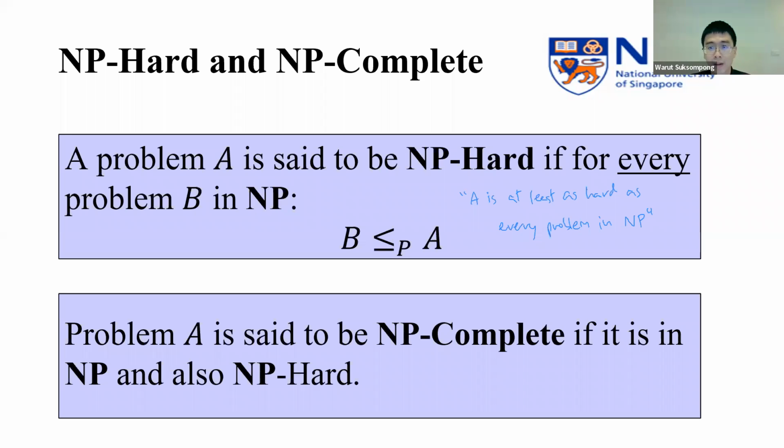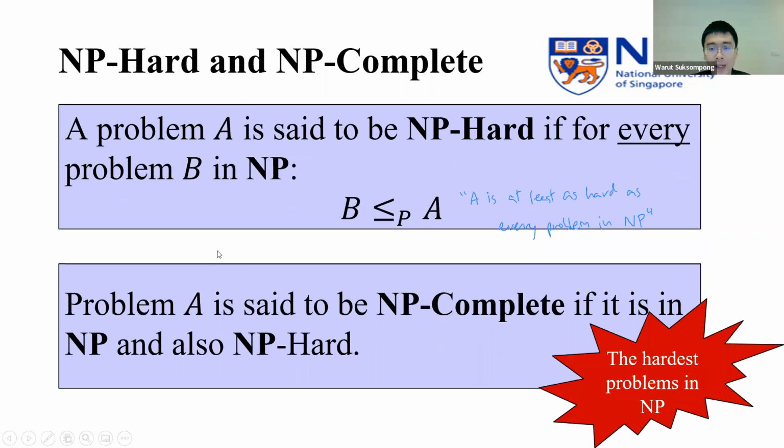This is what's known as NP hardness. So again, this is a class. All these concepts are classes of problems. P is a class of problems, NP, and now we have NP hard and NP complete. Each of these is a set containing several computational problems. So NP hardness means at least as hard as every problem in NP.